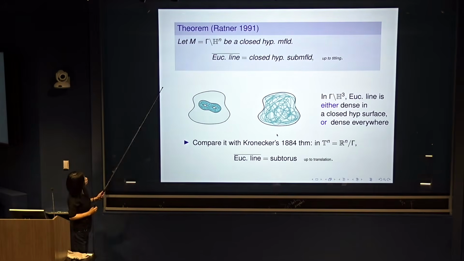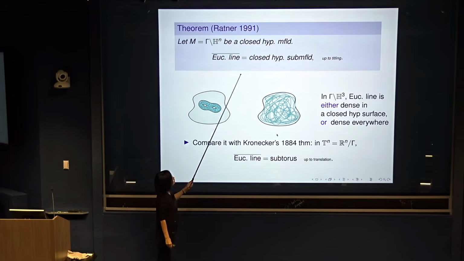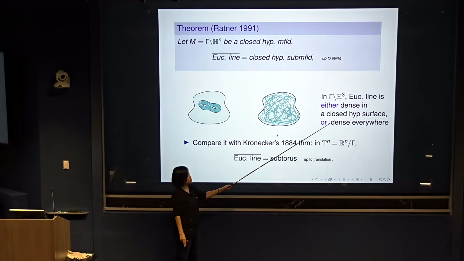A special case of this theorem, when n is equal to 3, says that in a three-dimensional closed hyperbolic manifold, for the closure of a Euclidean line, you have actually only two possibilities: either a closed hyperbolic surface of dimension 2, or dense.